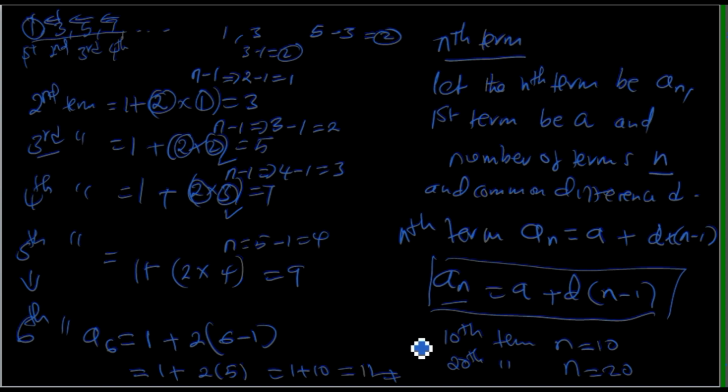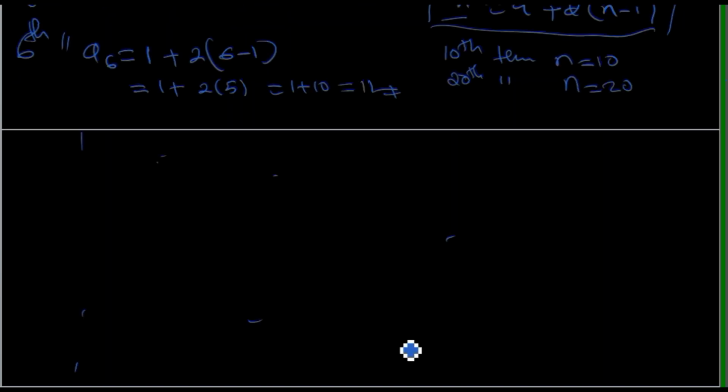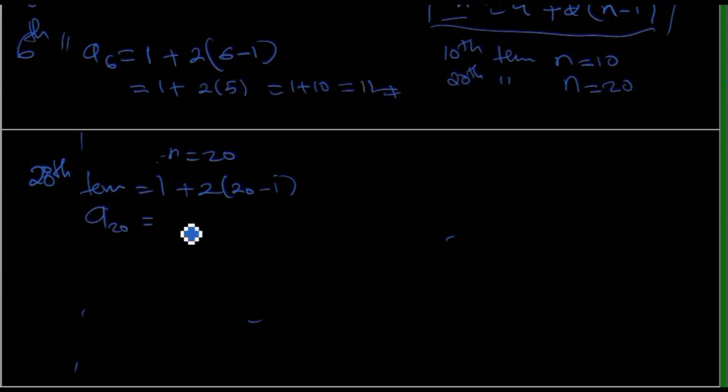Interesting. You can also go ahead and get the 20th term, which is, you take the first term, add to the common difference, which is 2, then that multiply by n minus 1. N minus 1, we said if it is the 20th term, it means n is 20, or the number of terms is 20. Subtract 1.